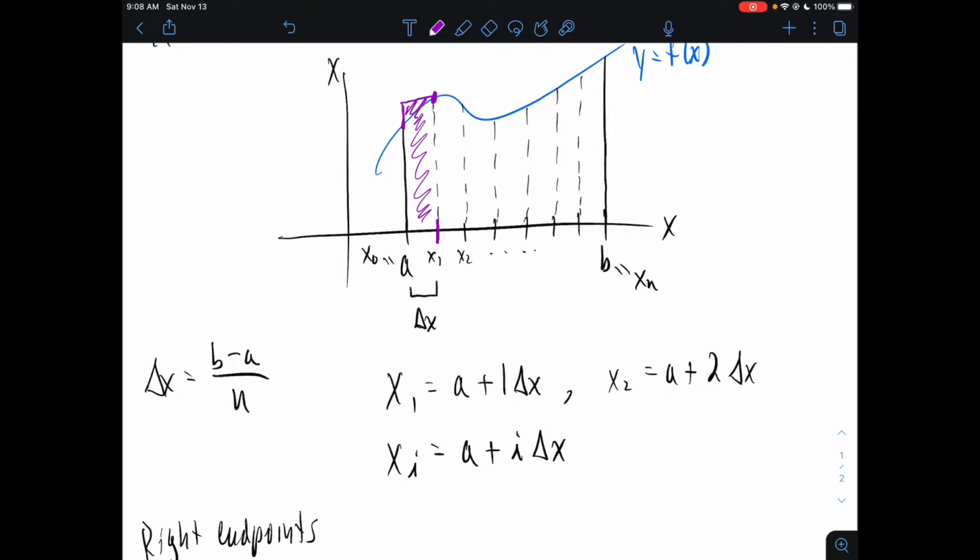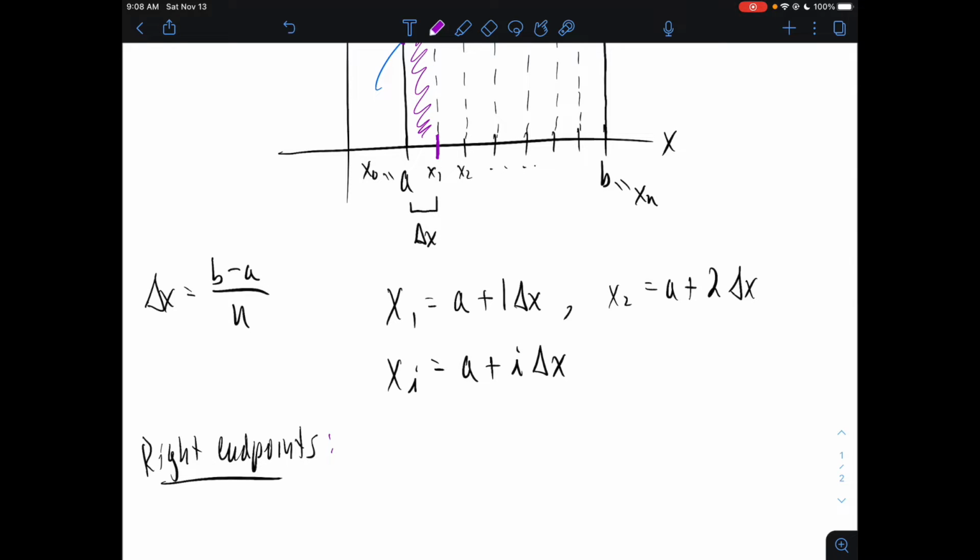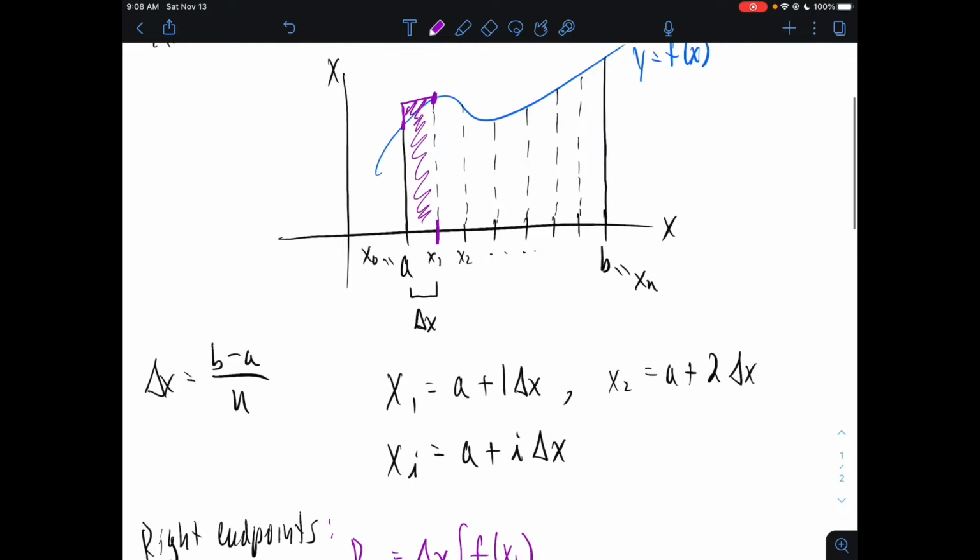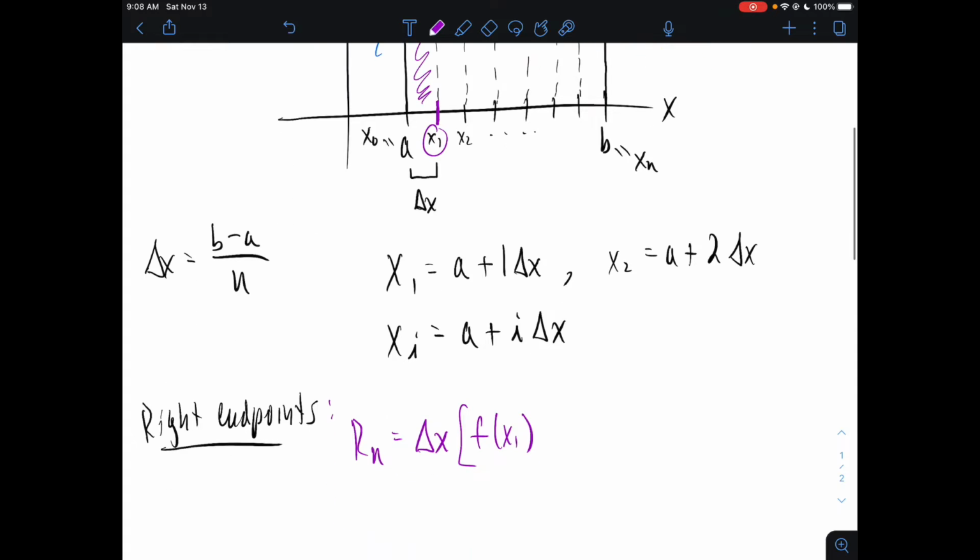So if we were using right endpoints, then we could add all of those rectangles up. The sum of them would be capital R for right endpoints, sub n, because I have n rectangles that I'm adding up, and that would be, they all have the same width, delta x, times f of x1, because you can see the first interval is using x1, f of x2. When you're plugging those numbers into the function, you're getting the height of the rectangle all the way up to the last right endpoint, which is xn.